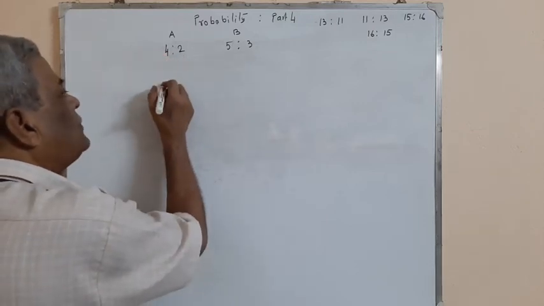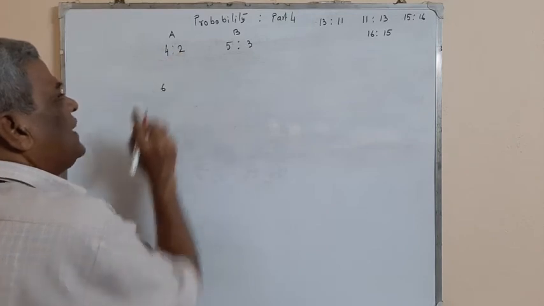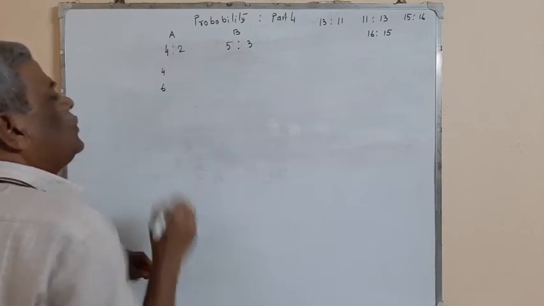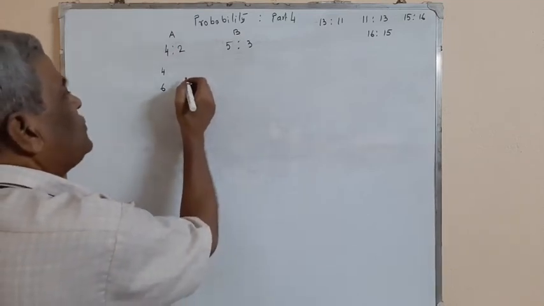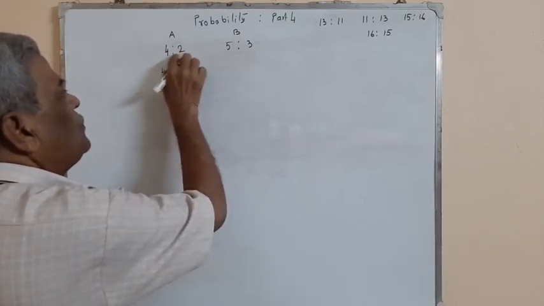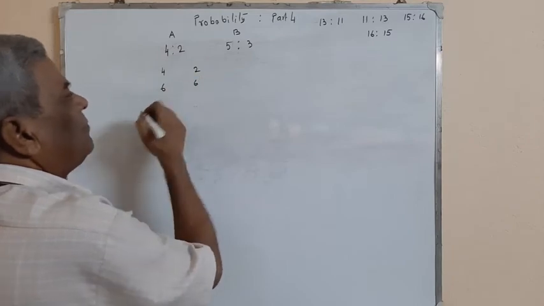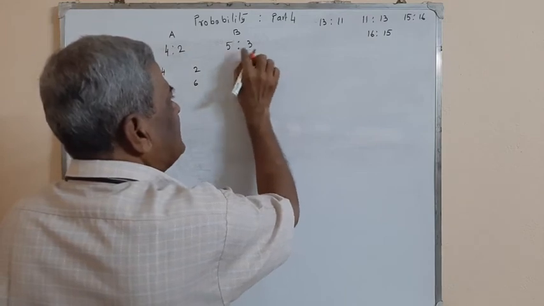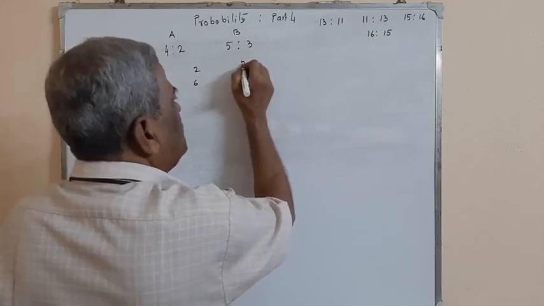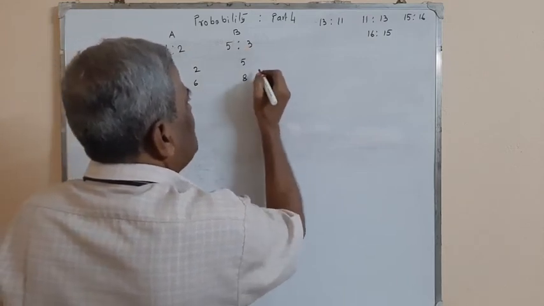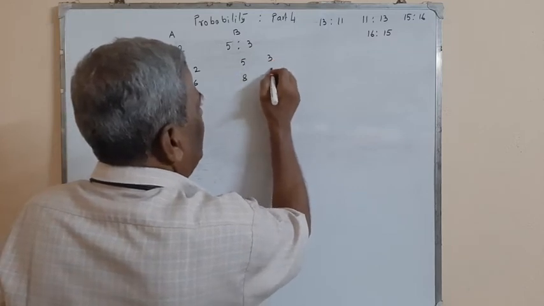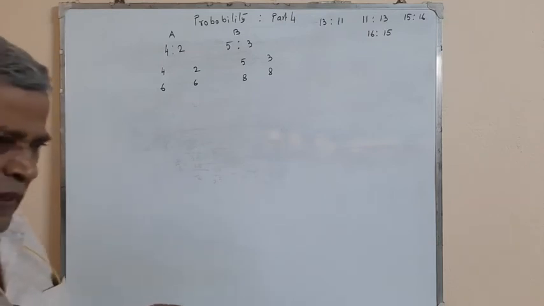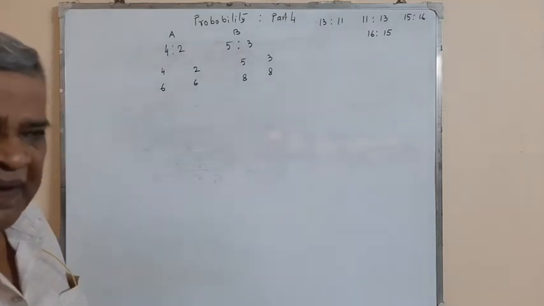So out of 6 cases he speaks 4 times true and 2 times false. Similarly, for B, out of 8 cases, B speaks 5 times true and 3 times false. Now they are narrating one particular event.